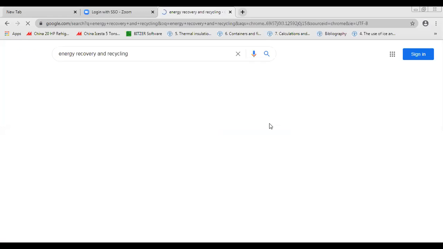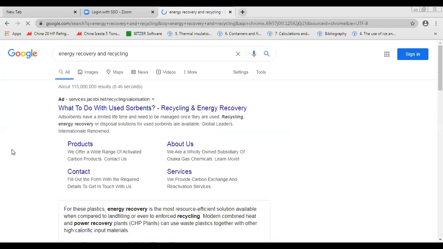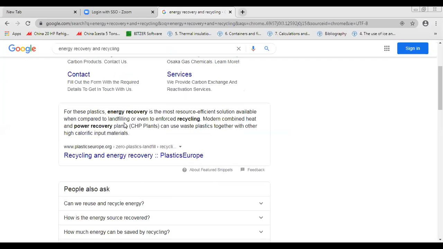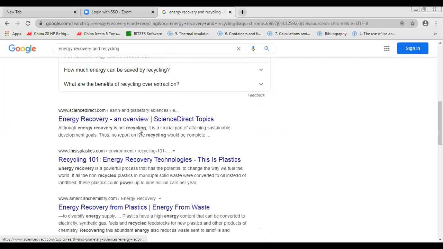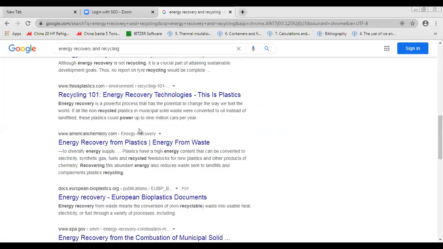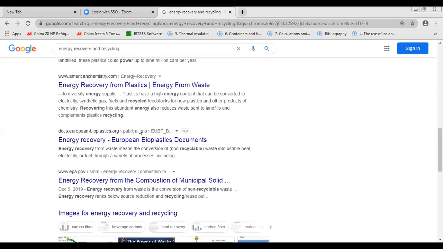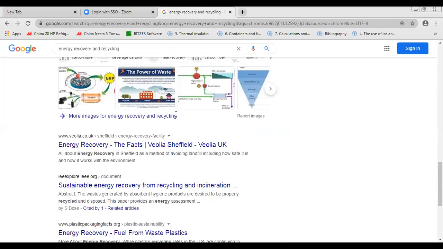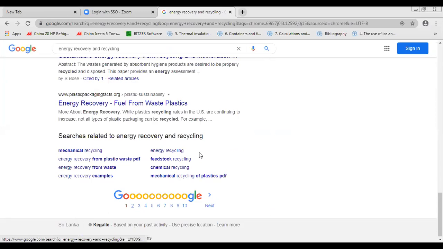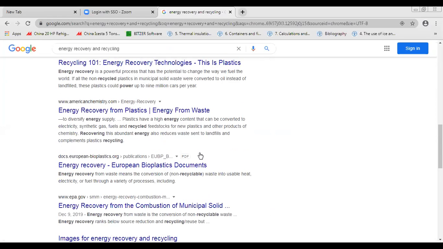Even in hybrid vehicles, the technology is there, you can see the pages, see results. I think it's over 100 million websites, maybe, I don't know, 10 million websites. Energy recovery, recycling, energy recovery technologies, energy recovery from blast.